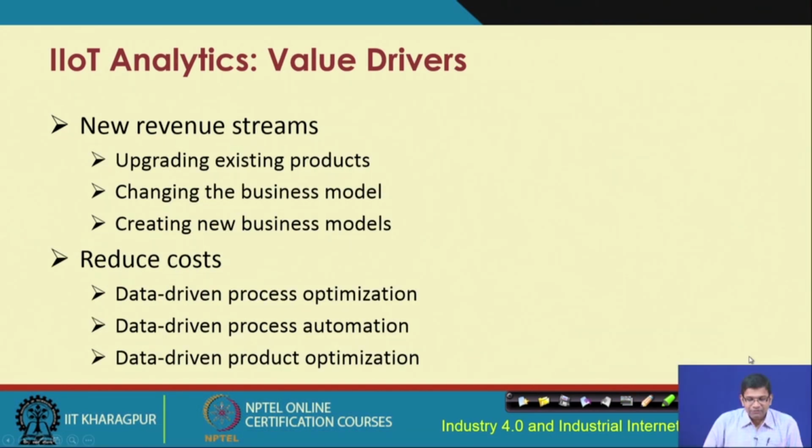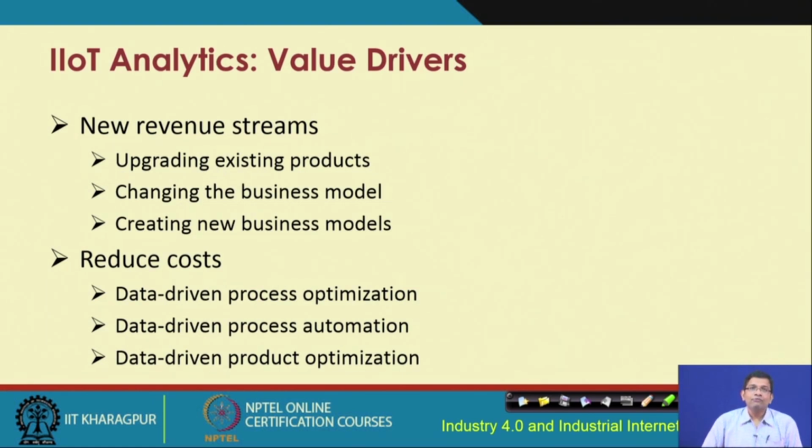The different value drivers for IIoT analytics are like this: it is required to derive new value streams, new revenue streams. For upgrading the existing products, analytics is going to be useful. For changing the business model, analytics would be useful. For creating new business models, analytics would be useful.